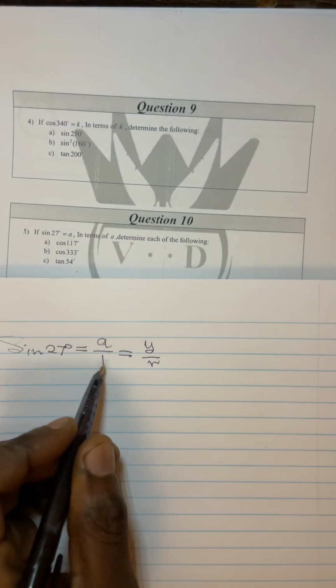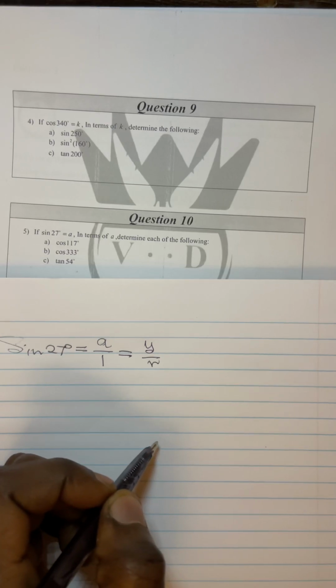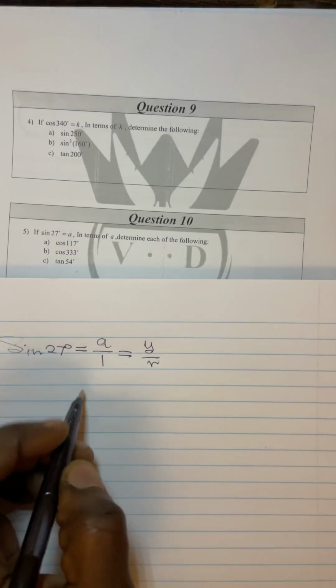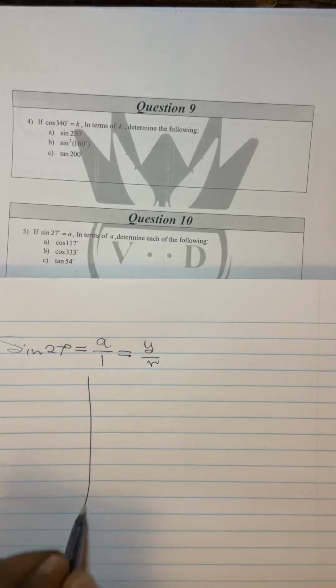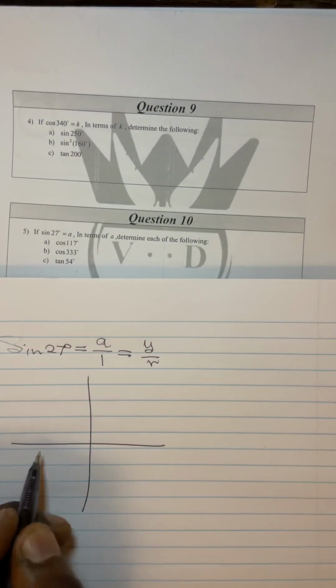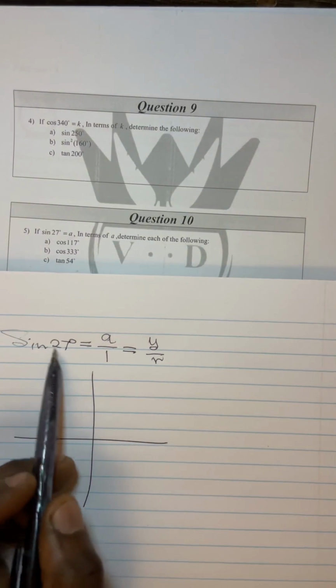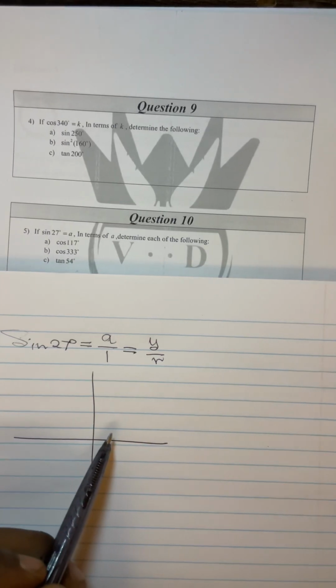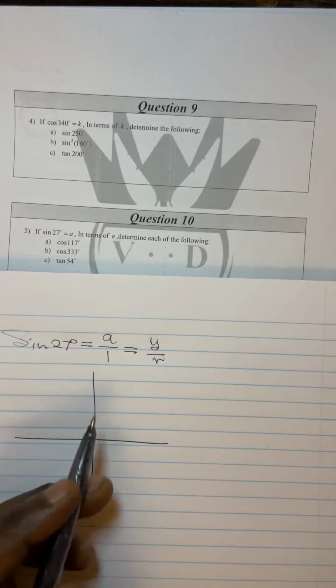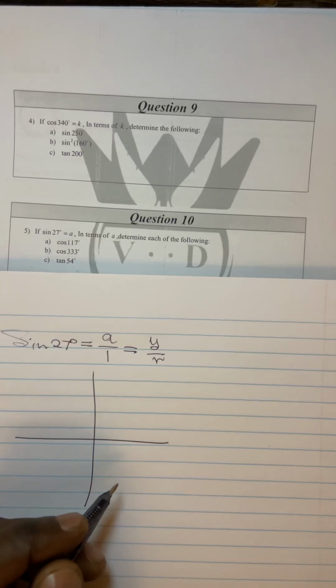This simply implies that you have your a being equal to y and your 1 is equal to r. When you draw your Cartesian plane or your CAST diagram, we simply know our 27 degrees is an acute angle, meaning it's less than 90. So it should be on the first quadrant.